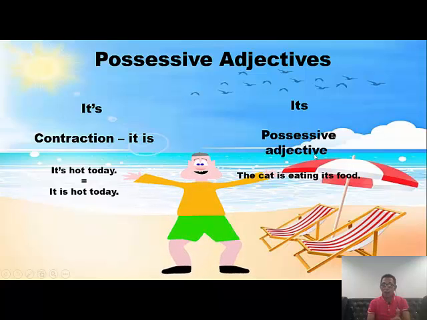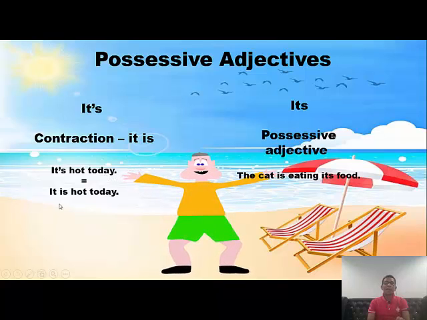Now you have to make it clear, and you have to really understand this, because most of you, when I mark your essay, you always get confused between it's, meaning it is, and its, the possessive adjective. The contraction of it is, we can use like: it's hot today.